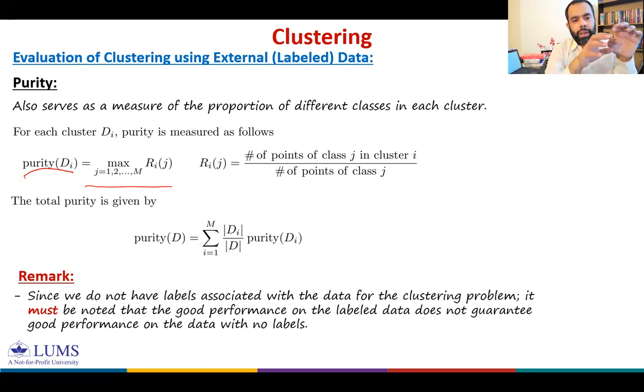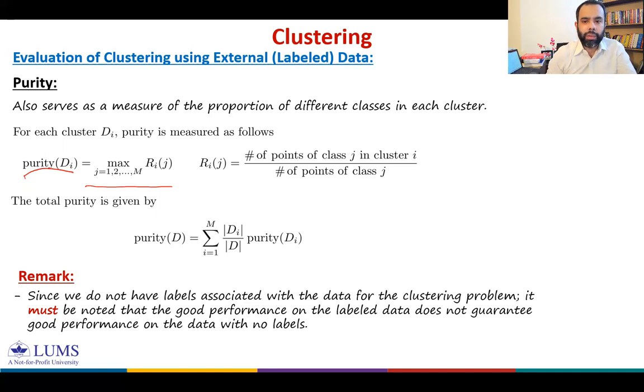So evaluation on the labeled data does not guarantee a good performance on the data for which we don't have the labels. This simply gives us confidence that we expect a clustering algorithm to perform well on the unlabeled data.